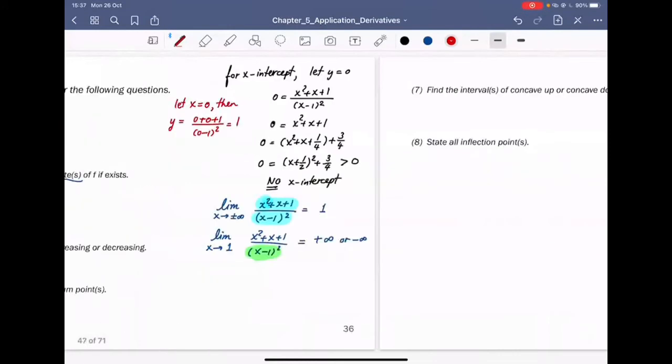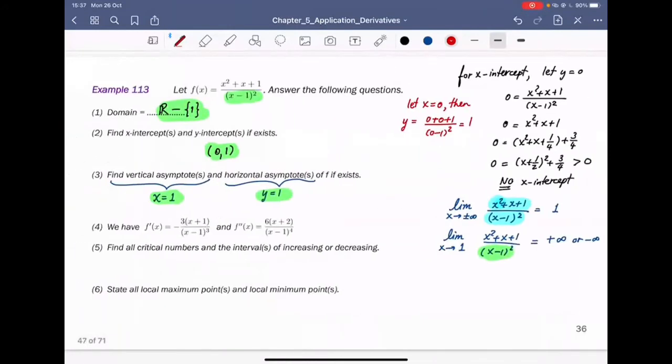Let's keep that, and then let's look at the behavior of the first and second derivative. On the exam, listen to me, it is possible that we're going to give you the first derivative and second derivative like this. So you don't have to differentiate by yourself, because we are afraid that you're going to compute it wrong.